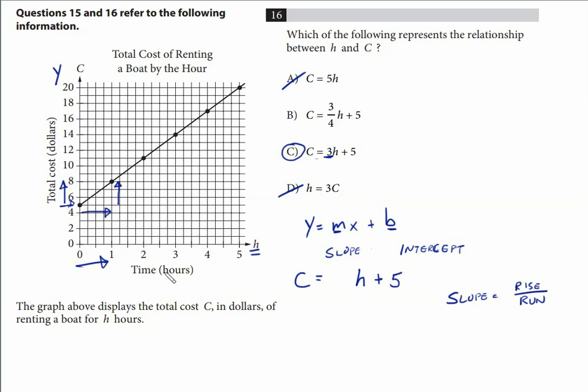Now we can use the graph and see that the rise is increasing by a value of 3 between these conveniently marked dots, we can count them out. 1, 2, 3.